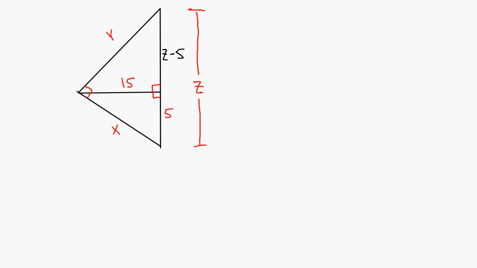Now, we also said earlier that the altitude creates two similar triangles. This is where similar triangles and proportions will make it easier to solve for this, okay? This 5 is the short side of the small triangle, and the 15 is the long side of the small triangle. So if you write a proportion, small side to long side, the small side of this small triangle is 5, and the long side is 15.